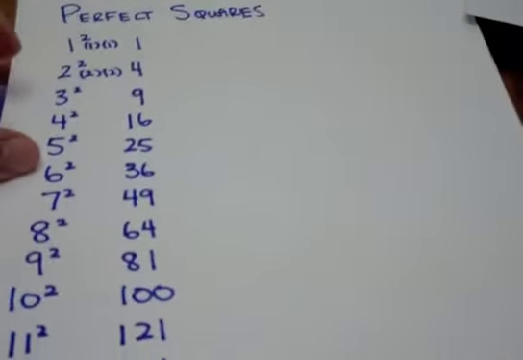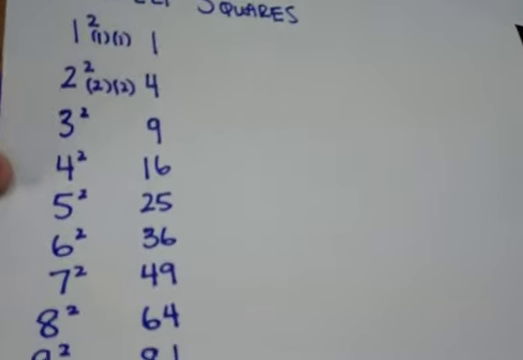Okay, so now that we have our nice long list of our perfect squares, what does this basically help us to do? For me, it really helps us to estimate when we have a number that we're taking the square root of and what our answer should look like. So let's say they ask you for the square root of 6.